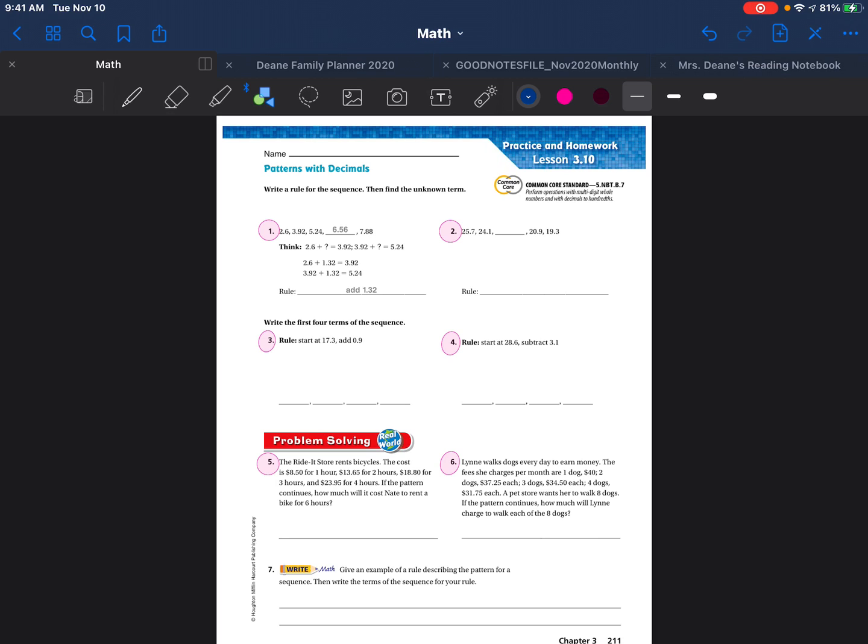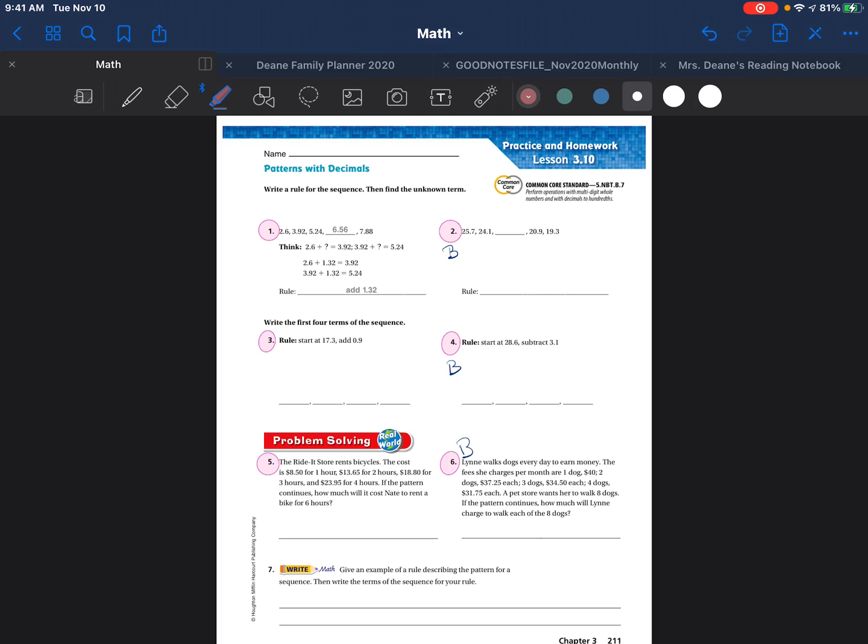Let me double check real quick. My blue group, you are doing 2, 4, and 6. Okay? And you are just doing the patterns just like we just did.